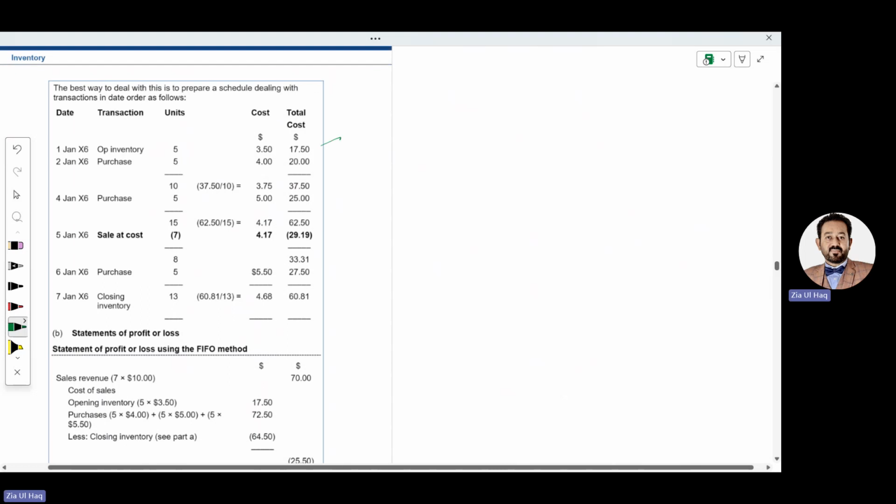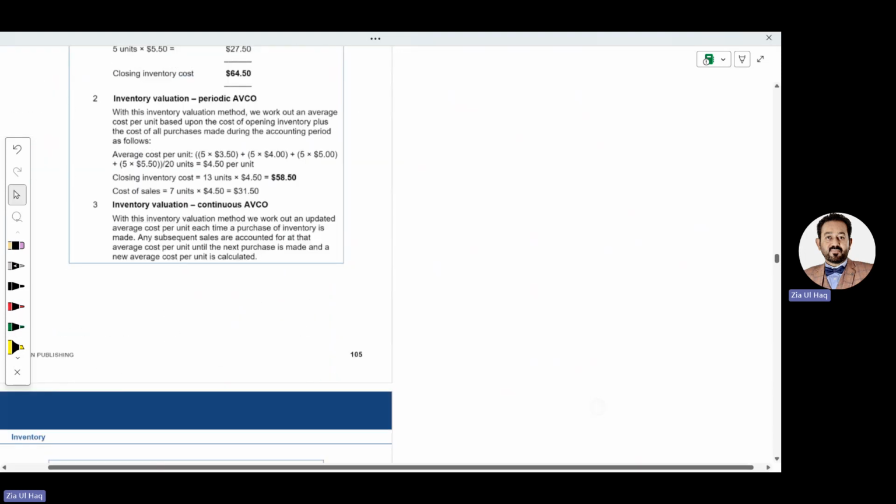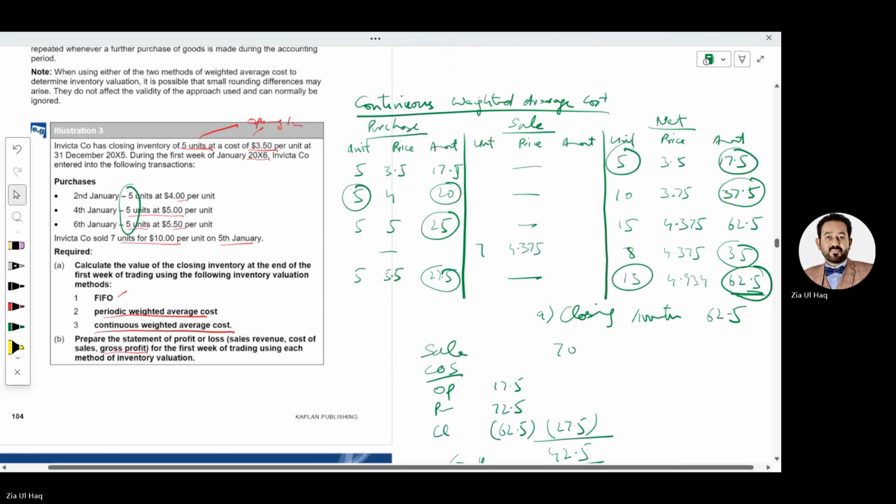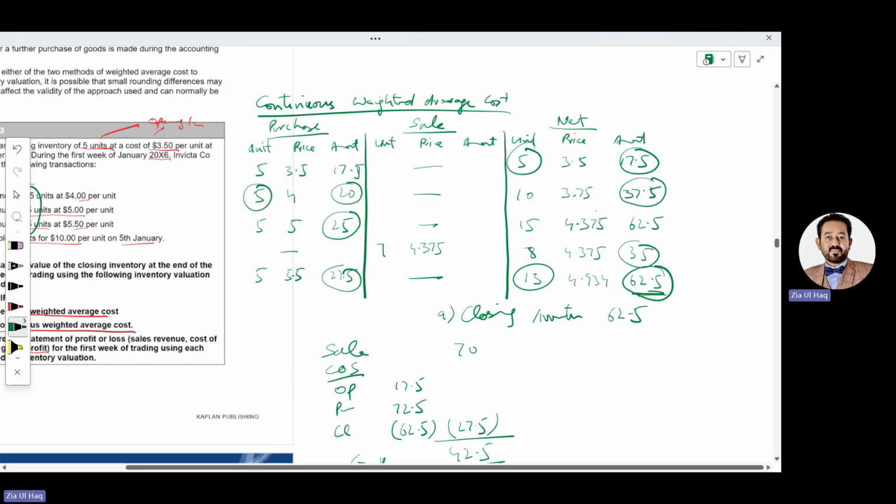Opening were this, then you purchased 5. There were 37.5. Then you purchased 5, 62.5 at the rate of 4.17. This value, can you calculate?